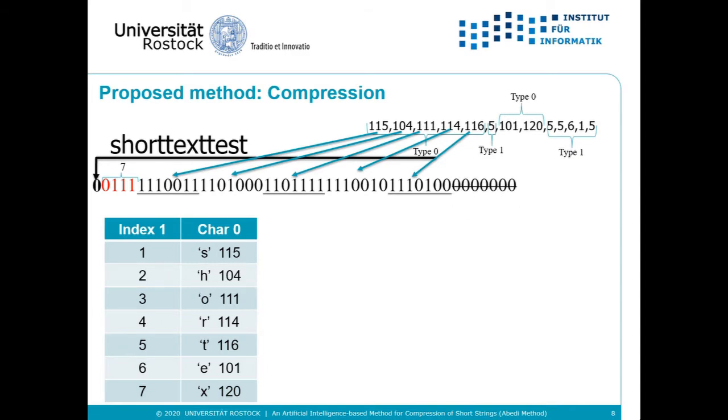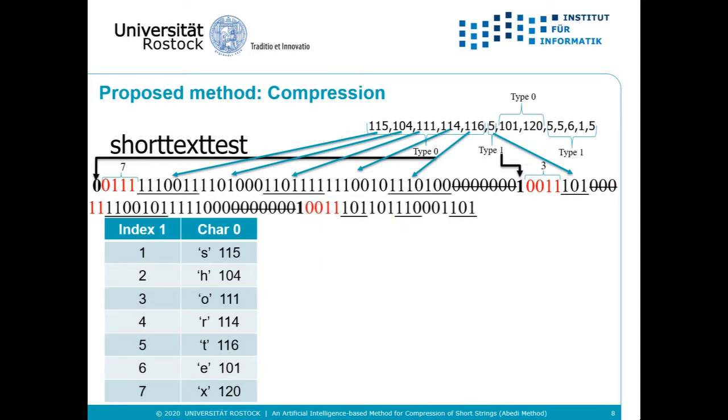Furthermore, when the type of characters change, the algorithm sets a flag with the length of the largest amount, 7 in this example, and then the header is set. In the next step, the binary number of indexes is written and the length of the largest amount is set, which is equal to 0. And then the mentioned process continues till the last character.